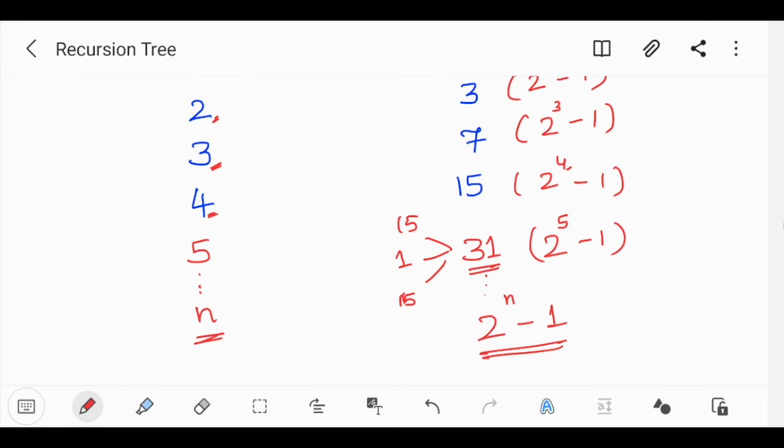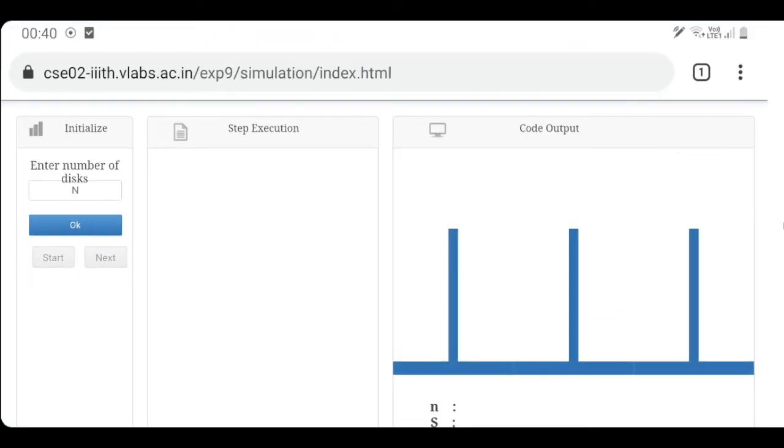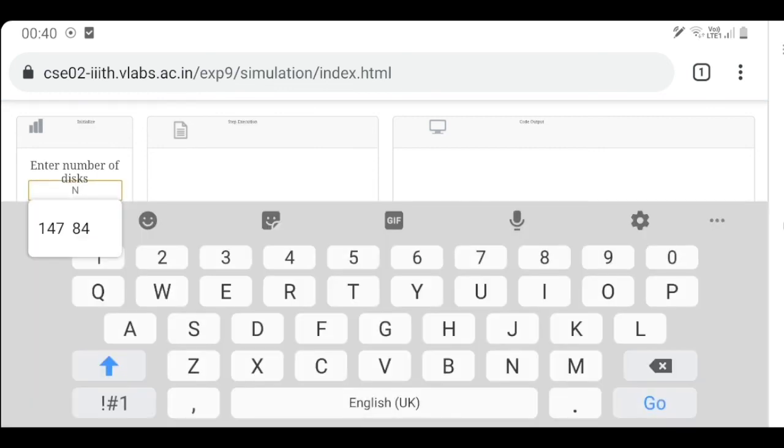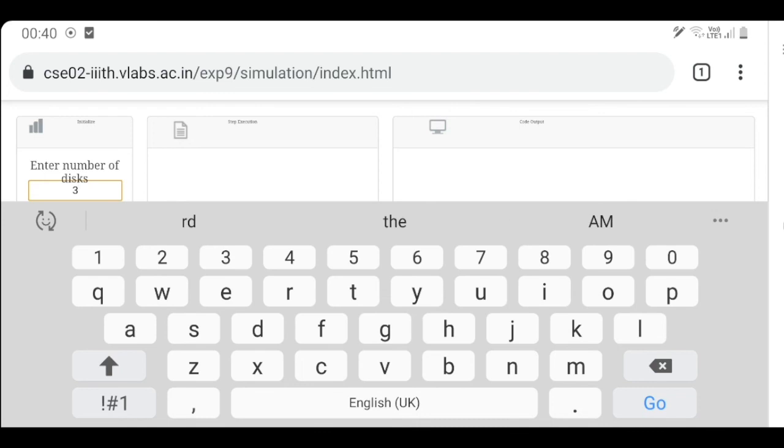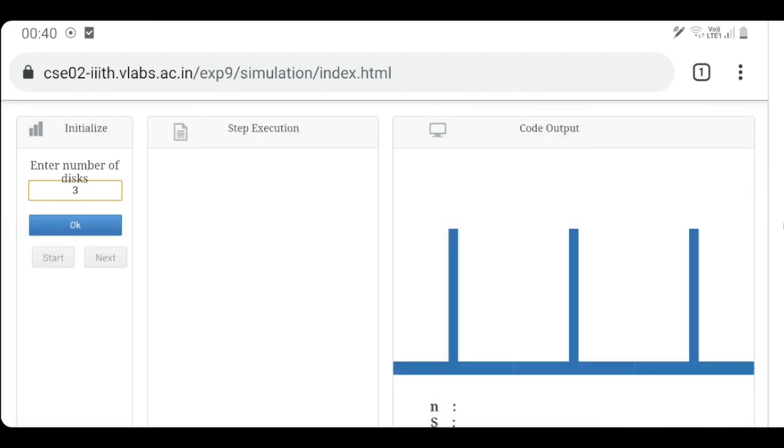I would want to conclude this understanding of all about Towers of Hanoi with a demo which is actually found on one of the virtual labs of IIIT Hyderabad. So let's see how it visualizes the problem for 3 disks. So let's have the animation start.